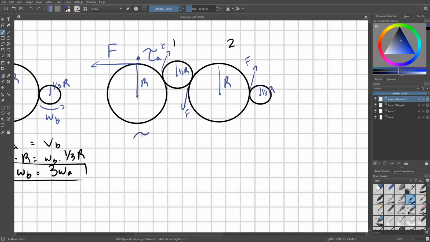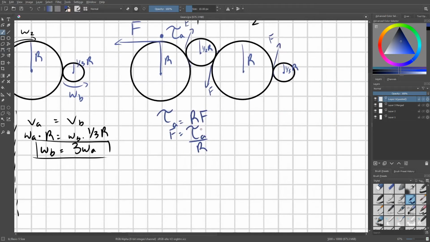So if we do torque A equals RF, F equals TA over R, and then from there we know that TB, which by using the right hand rule we're able to deduce points into the page.